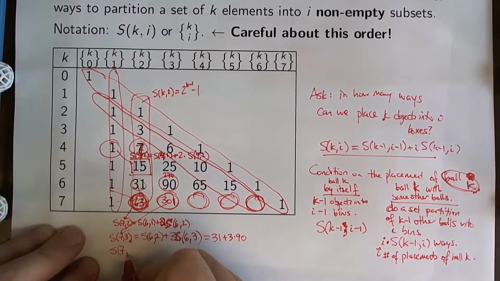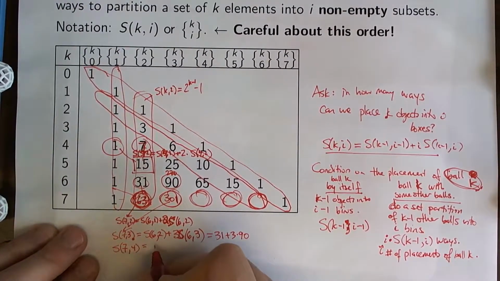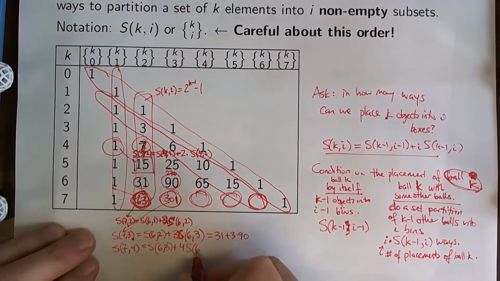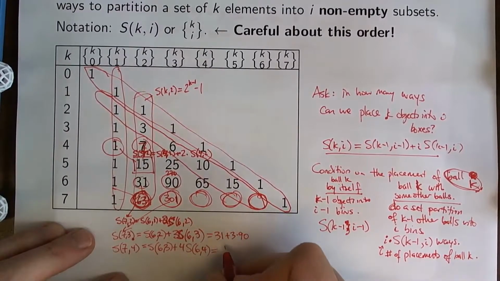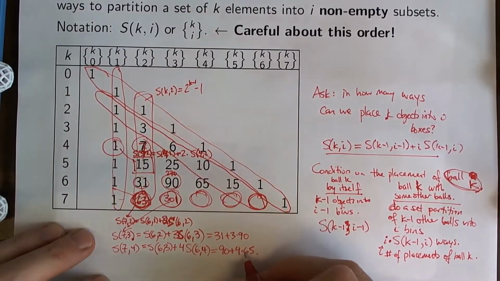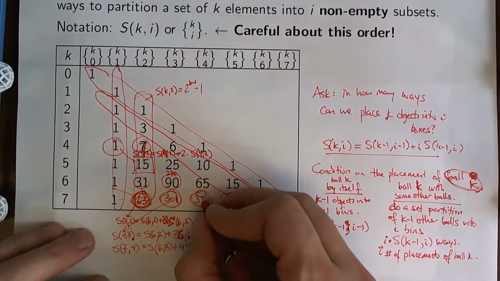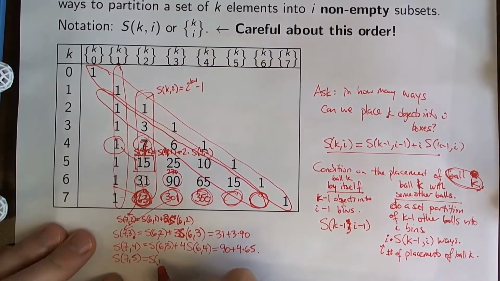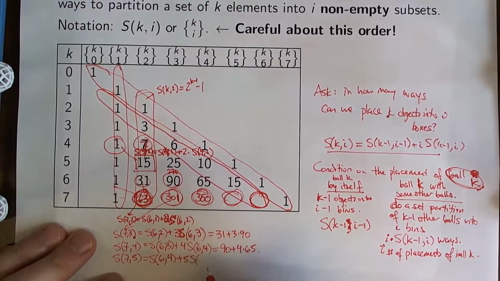And then S sub 7,4 is going to be equal to S sub 6,3 plus 4 times S sub 6,4. So that's going to be equal to 90 plus 4 times 65. 4 times 65 is 260. 260 plus 90 is 350. S sub 7,5 is going to be equal to S sub 6,4 plus 5 times S sub 6,5.